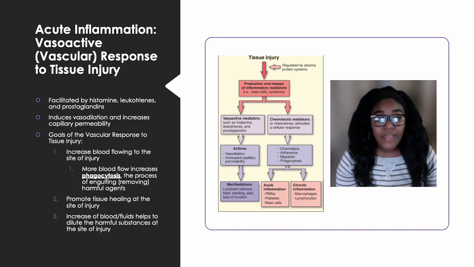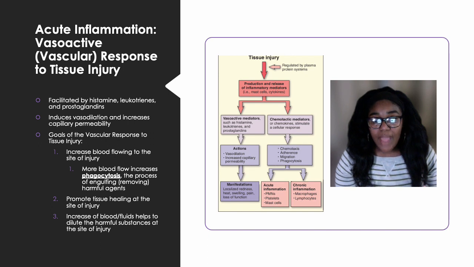And then we have the increase of blood and fluids that helps dilute those harmful substances. So not only are we having that process of phagocytosis that's engulfing those harmful agents, but we have blood and fluids that are diluting that harmful substance, so it's not causing as much injury.